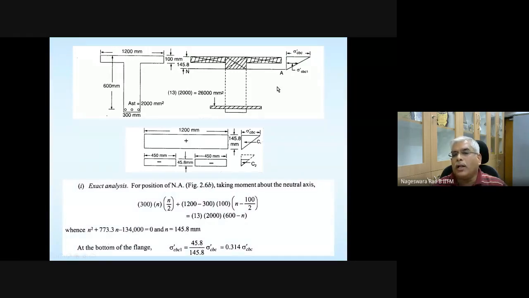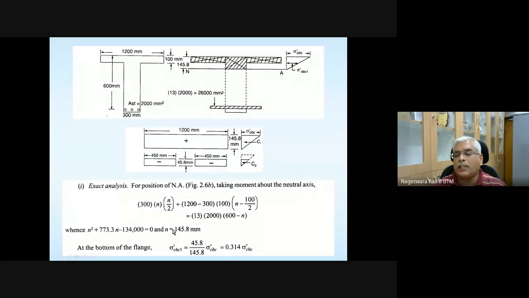Now I have this shape, two rectangles of the same size and another rectangle. For convenience, we can consider this entire thing as one rectangle. You can see this figure is showing that. You take this rectangle, 1200 by neutral axis depth.